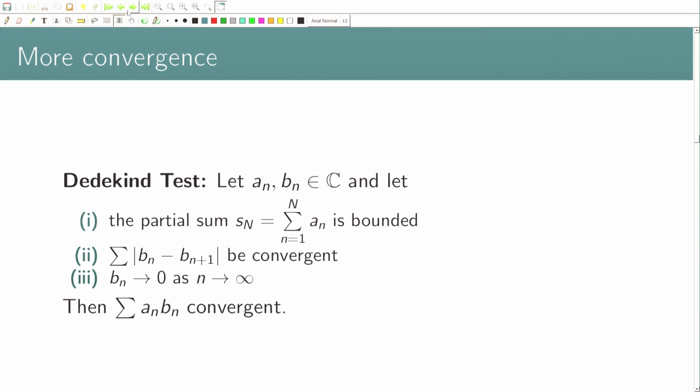Then summation over A n B n is convergent.